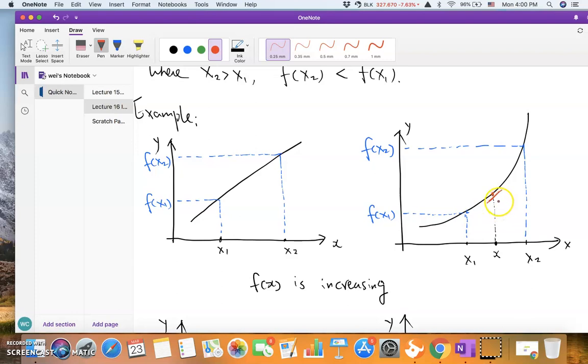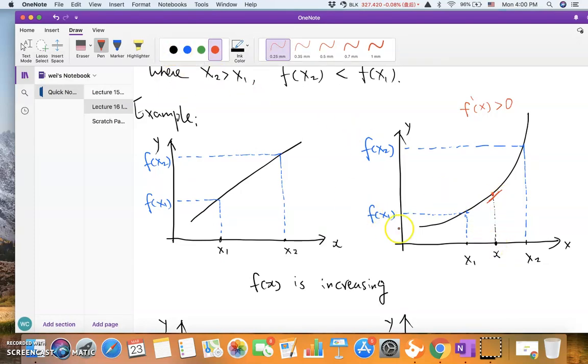So from this tangent line, we can see that the derivative is positive. Why? Because the tangent line goes up from the left to the right. So the slope must be a positive number. Okay. Let's look at another one.